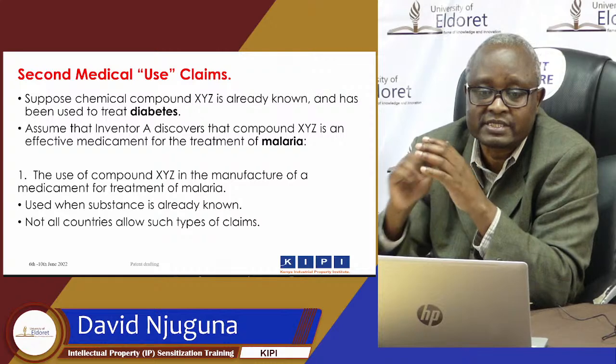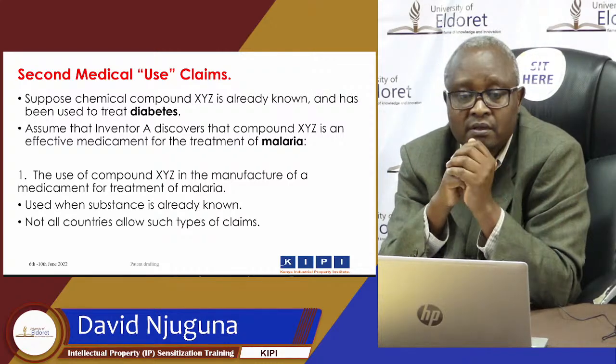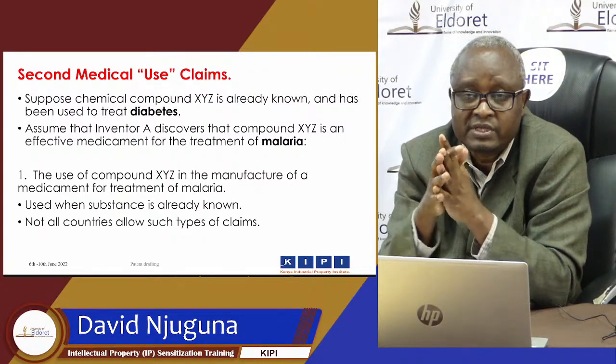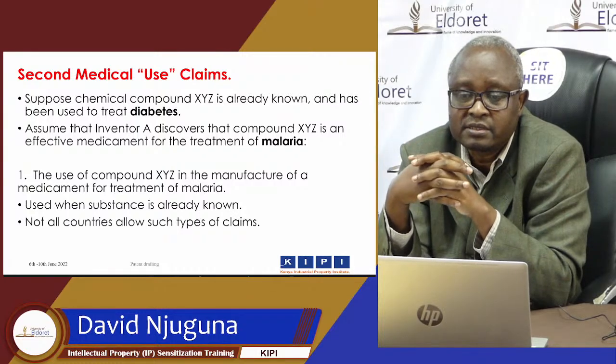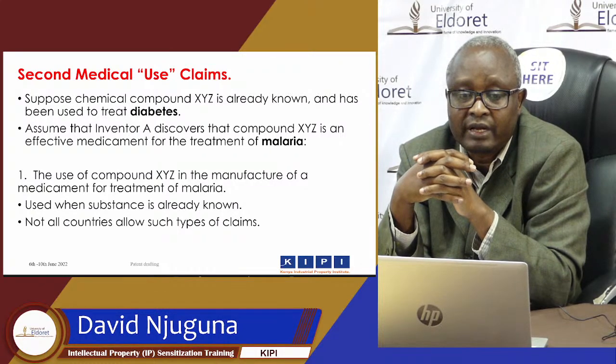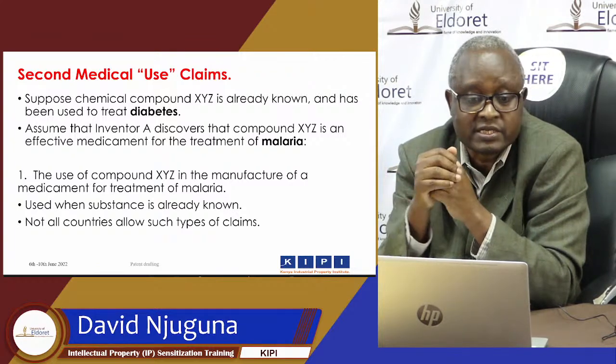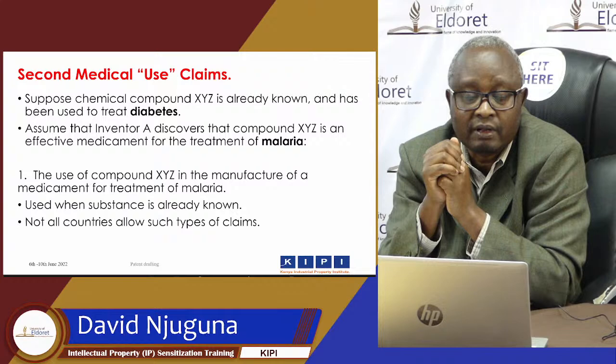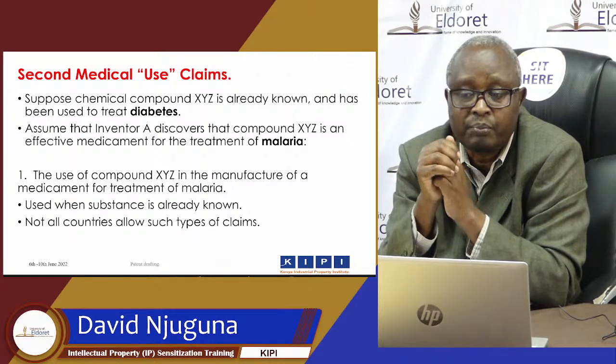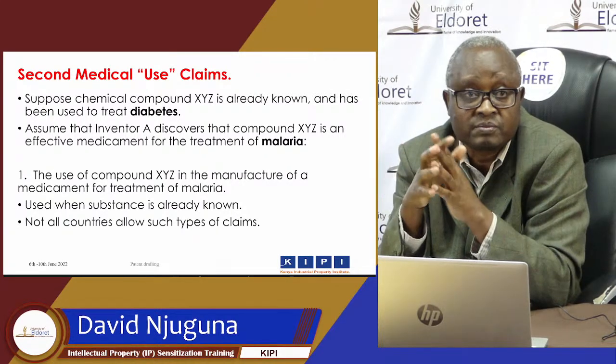There's also what is called the second medical use claims. An example is, suppose you have a compound XYZ, which is already known and has been used to treat diabetes. Somebody else will do their research and discover that the compound can be used for, let's say, treatment of malaria.